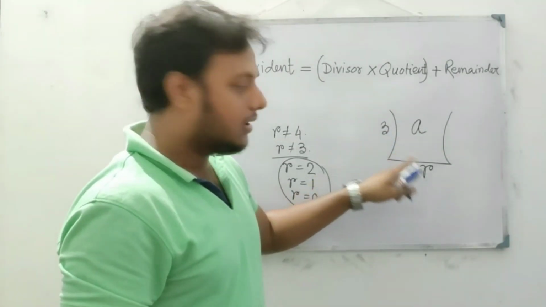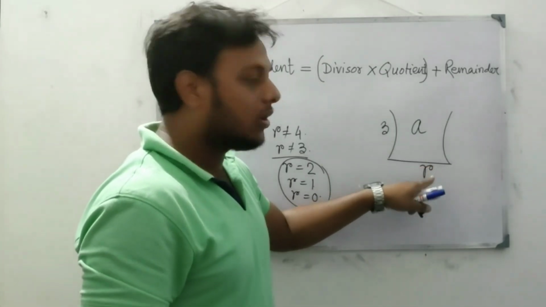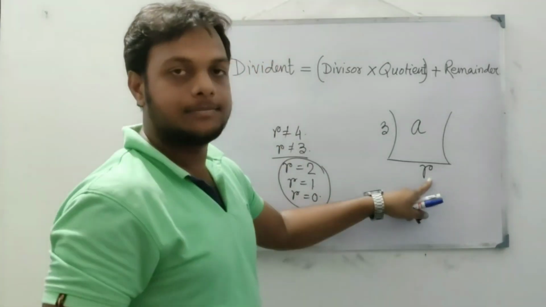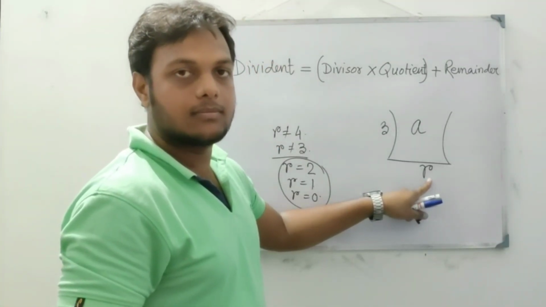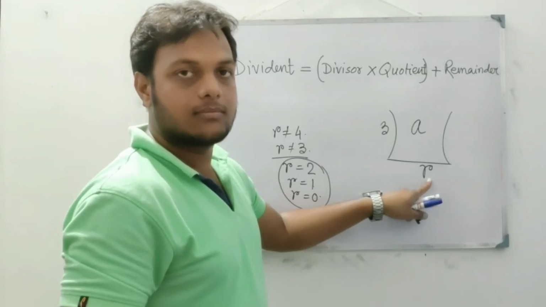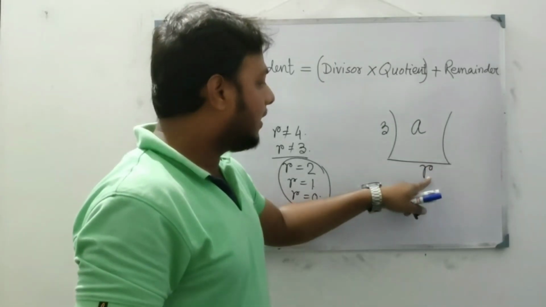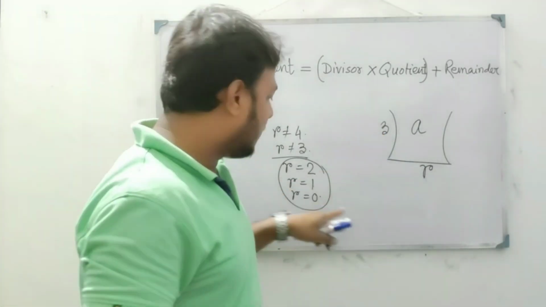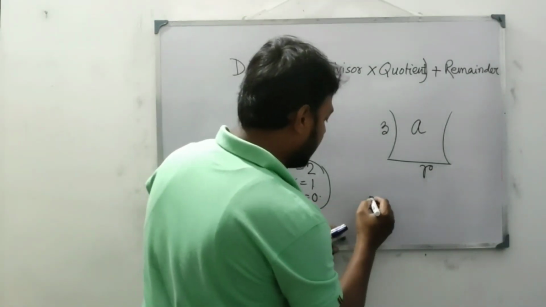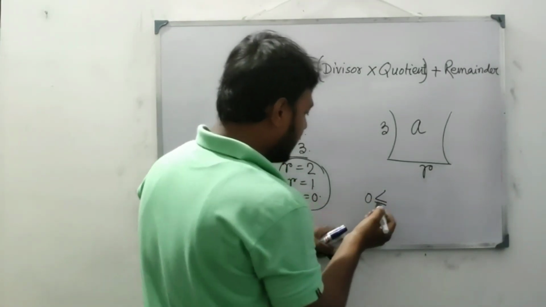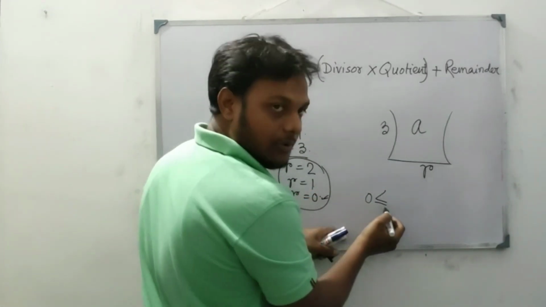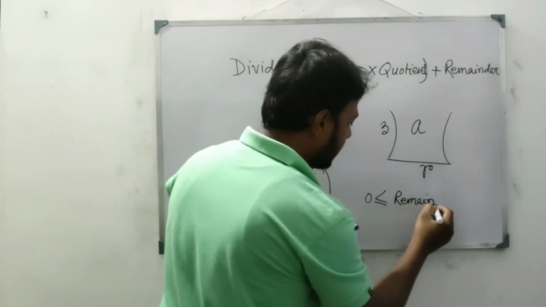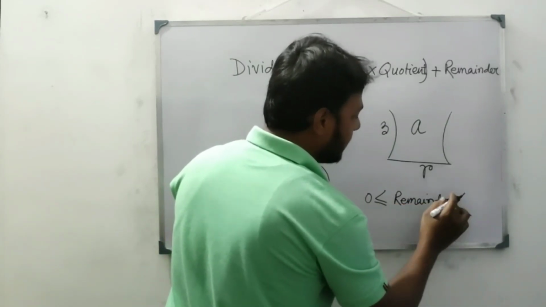So we conclude from here that the remainder will be less than the divisor. The remainder can take the value 0, so that's why I am using less than or equals to here: 0 less than or equals to remainder, remainder less than divisor.